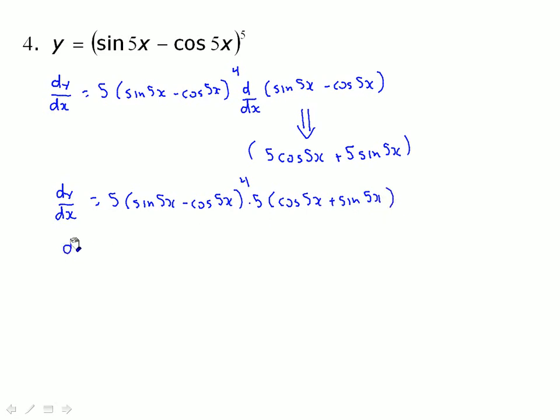So dy dx, now 5 times 5 is 25, and then sine of 5x minus cosine of 5x to the 4 multiplied by cosine of 5x plus sine of 5x. And there we have it.